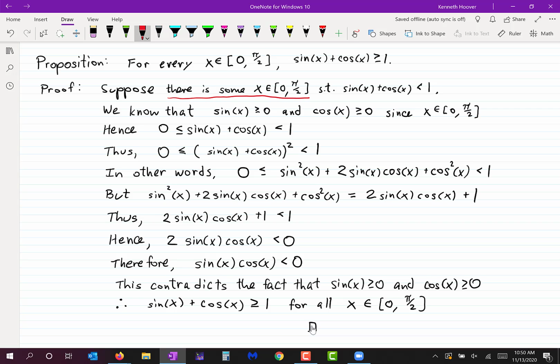I don't know what it is, but it is something specific. It says, suppose there is some specific value between 0 and pi over 2, such that. Okay? So that x, in all of these steps here, is playing the role of a specific number, not a variable.